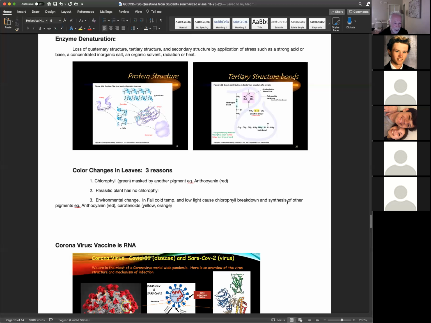That's why you see a loss of green, because it's actually disappearing, and other colors are being synthesized. These could be reds, carotenoids, could be yellow or orange. There are also browns. So those are the three reasons why a plant that you look at might not be green.